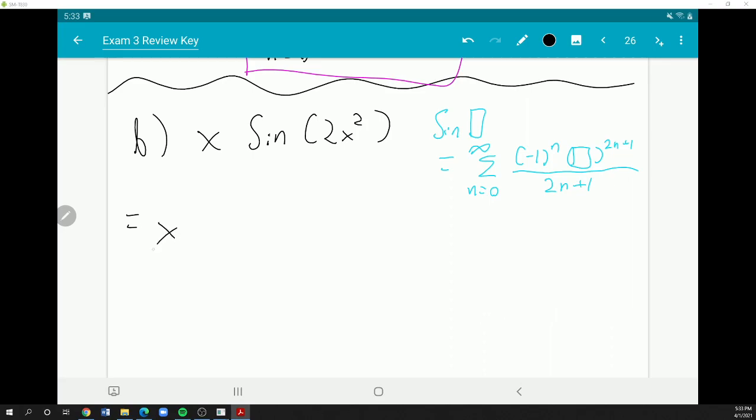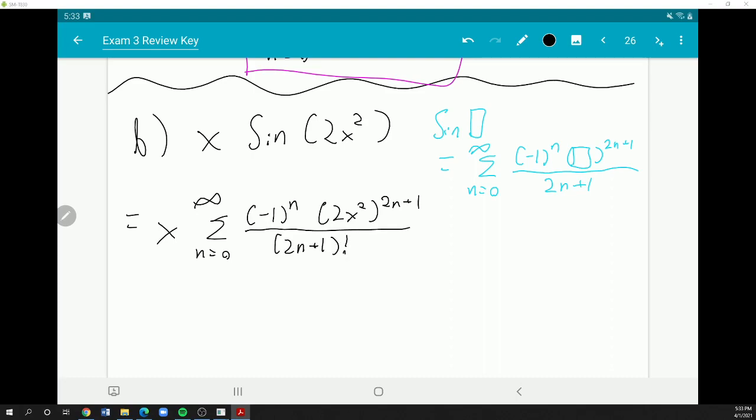So then this is x times the sum n equals 0 to infinity of minus 1 to the n. And now I put in 2x squared to the 2n plus 1 divided by 2n plus 1 factorial. I didn't write that here, but it is supposed to be factorial.